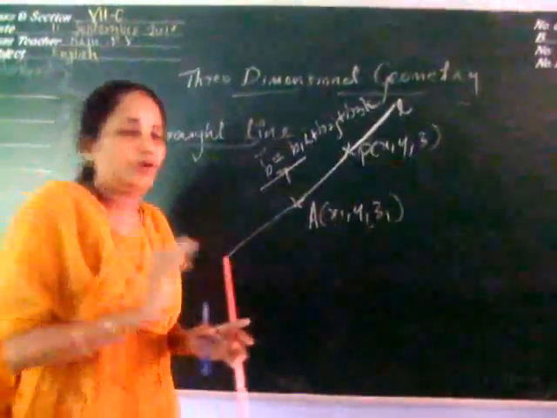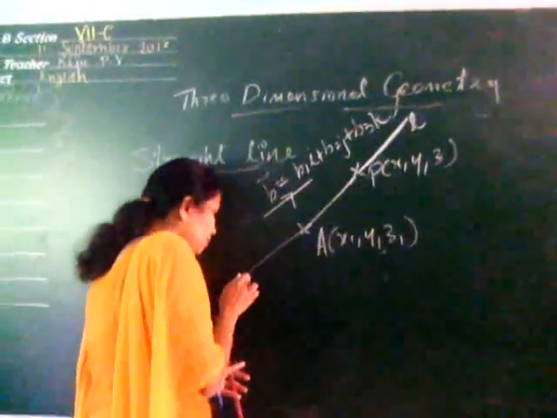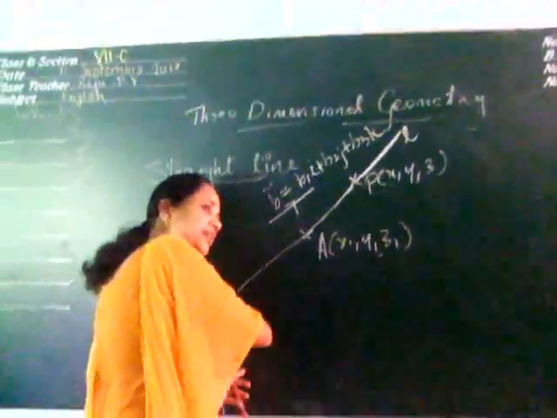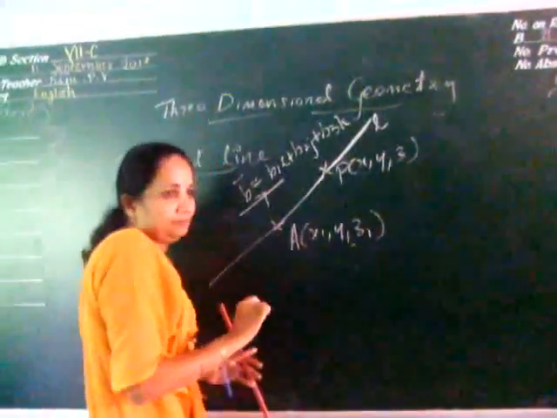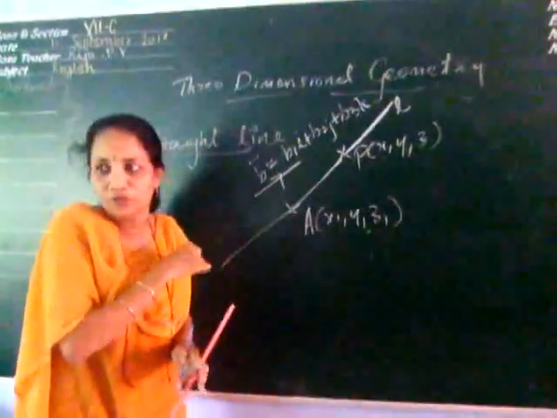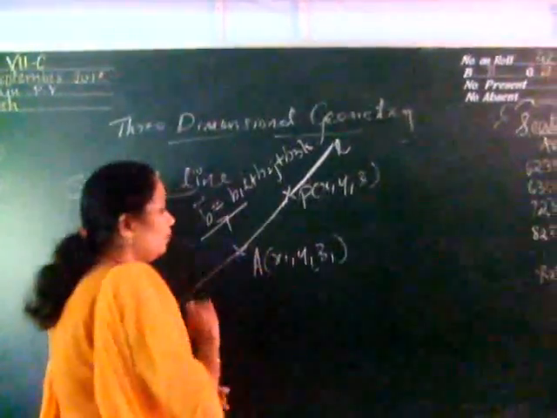What is the meaning of variable point? It can vary. It can occupy this position; instead of this, it can be shifted here. Since it's a variable point, any point on the straight line is a P. But this particular point is a fixed point. You cannot change the position of A. It is fixed, but the variable point you can change the position.